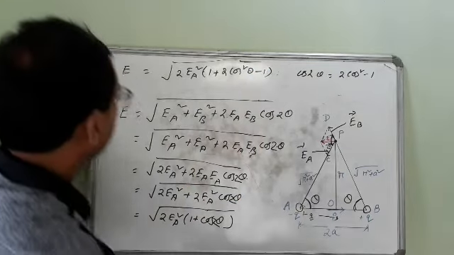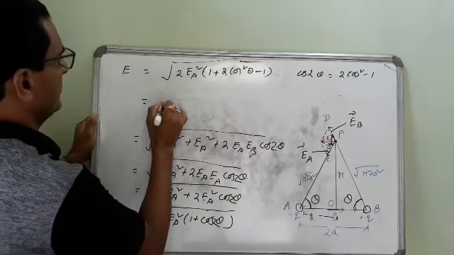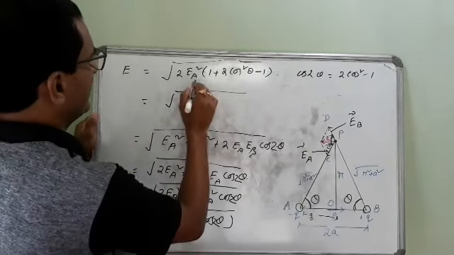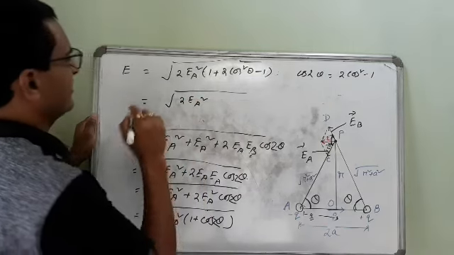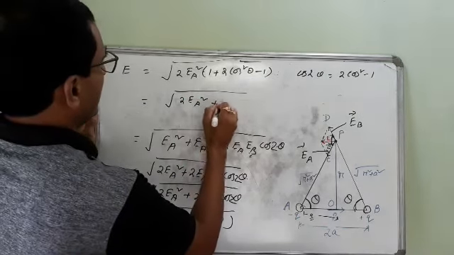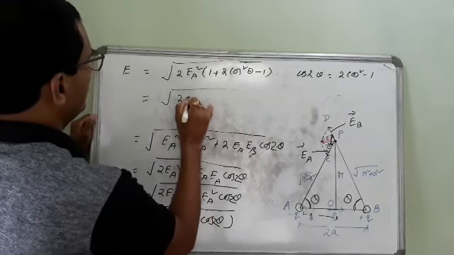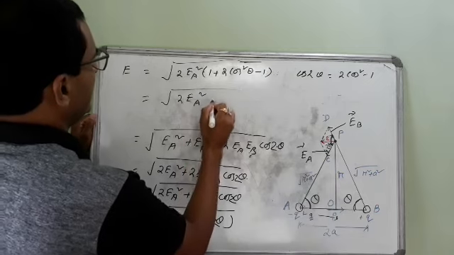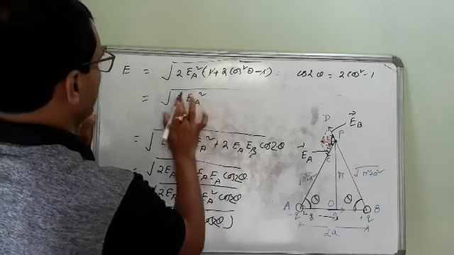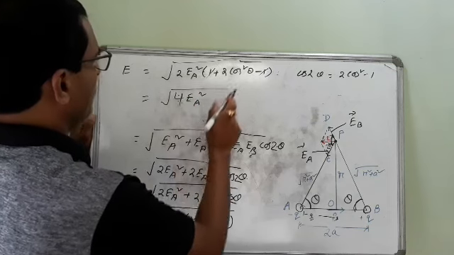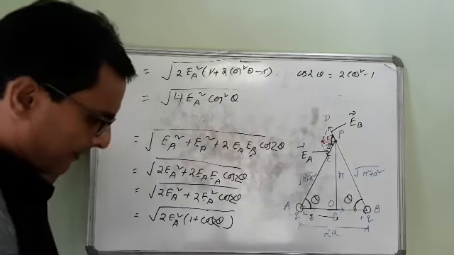Okay, then what we can write here: root over 2EA square into 2 cos square theta. It gets cancelled, so it becomes root over 4 EA square cos square theta.